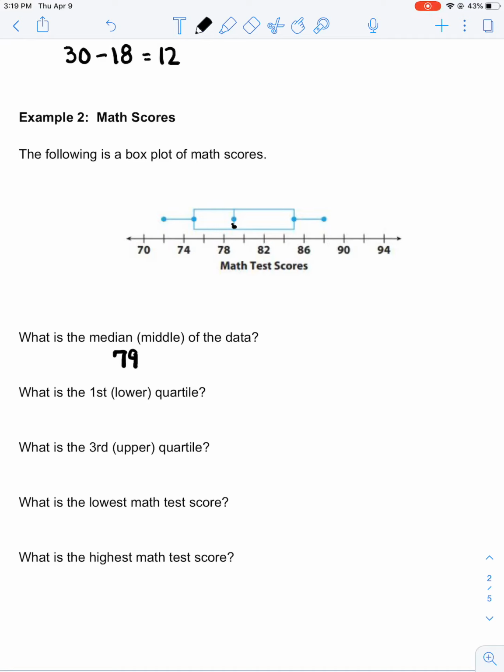It says, what is the first or the lower quartile? So here's 74, here's 76, so that number would be 75. Our third quartile, or our upper quartile, would be, here's 82, here's 84, 86, so our number would be 85.